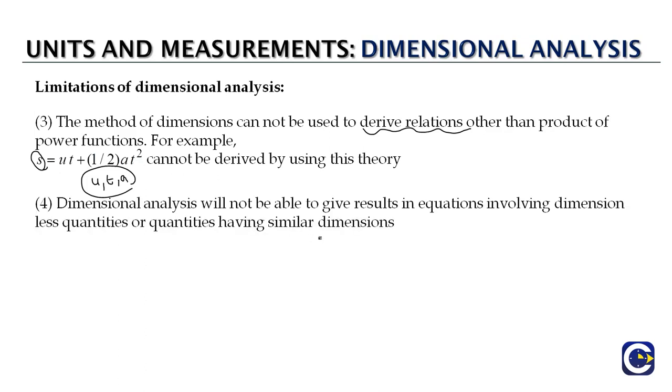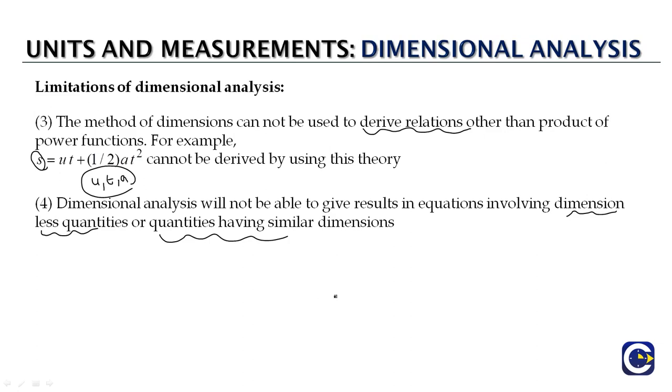Now, dimensional analysis will not give us correct results when we have quantities with similar dimensions, and also quantities which are dimensionless, whether we are trying to verify the relation between quantities or the correctness of a given equation.